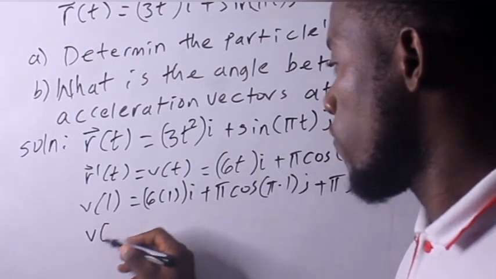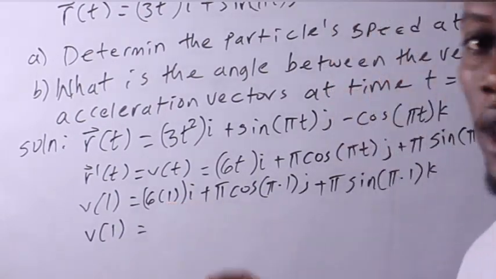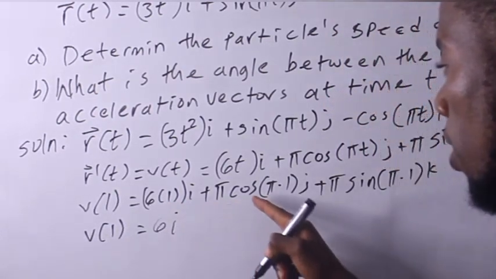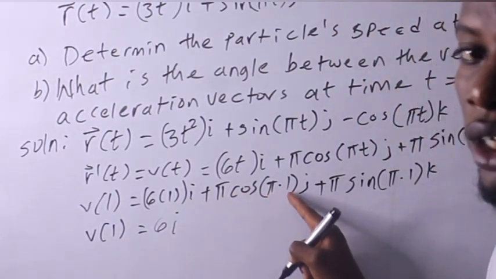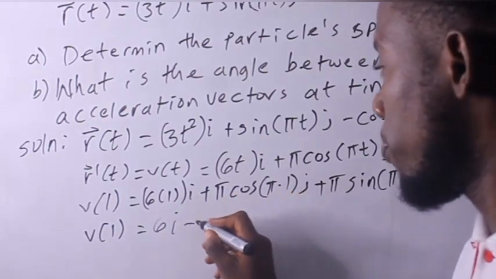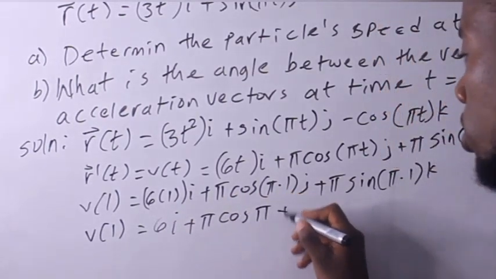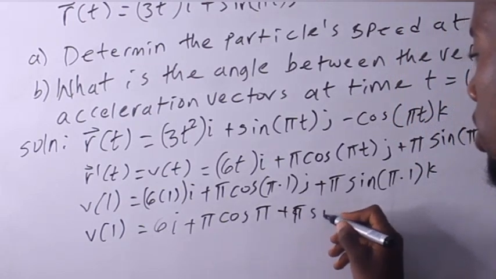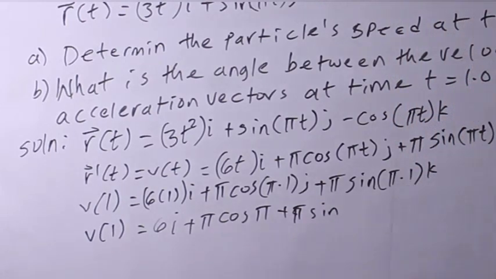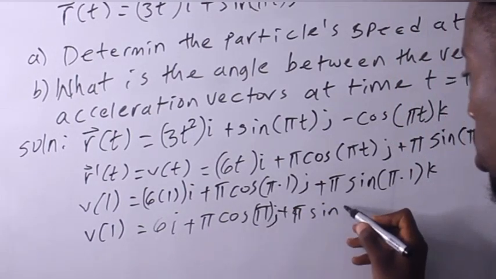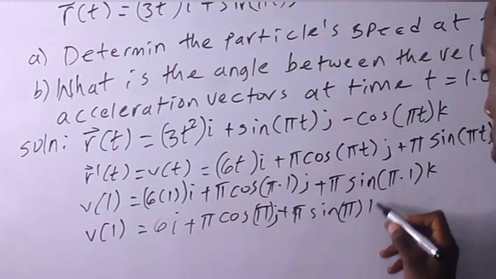So v of 1 is equal to 6 times 1, which is 6i, plus pi cos pi in the j direction plus pi sine of pi in the k direction.